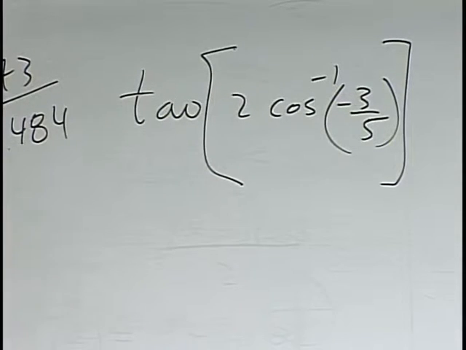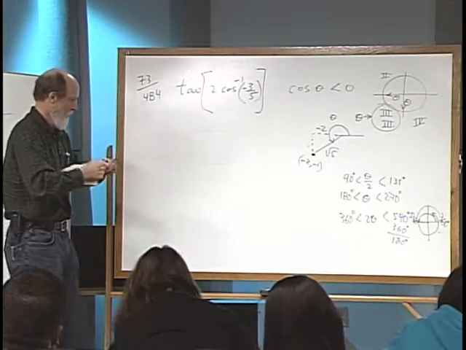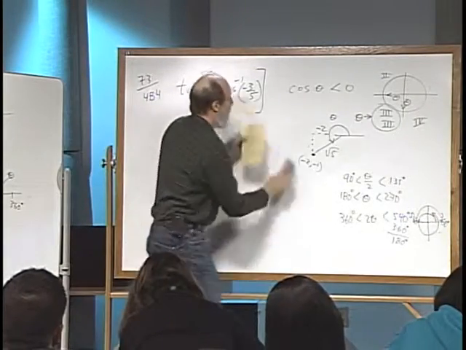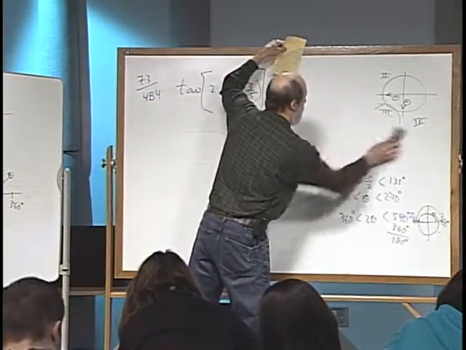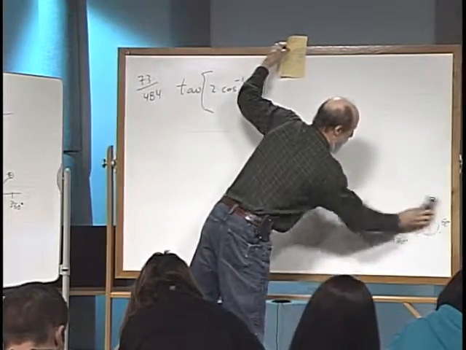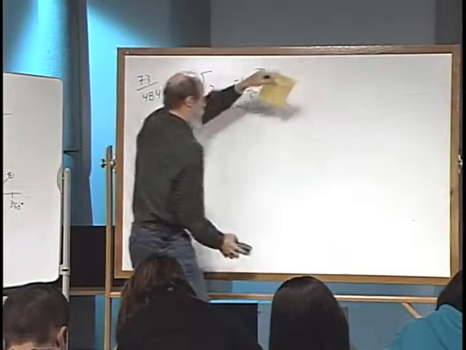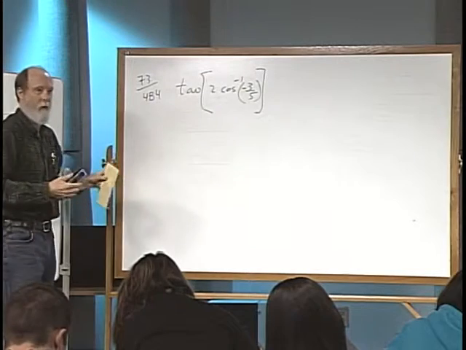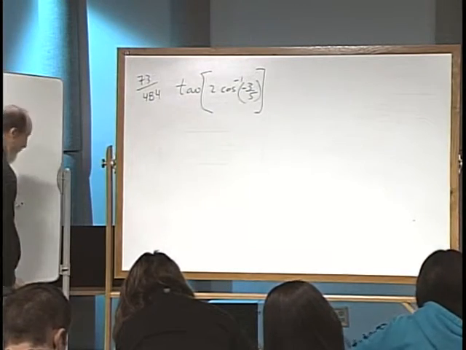Okay, so this is a challenging problem, and I just want to help you see that if you work your way from the inside out on your fundamentals, it's not too bad of a problem.